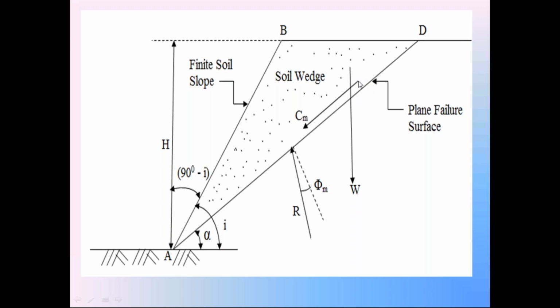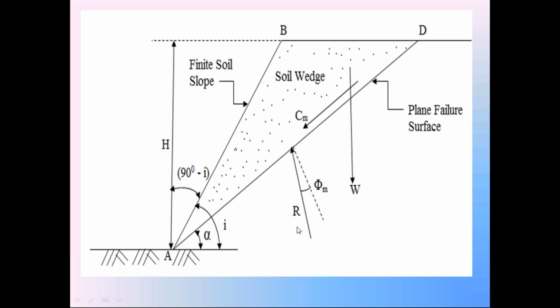Check the direction carefully. CM is acting downward on the surface AD. Since this surface AD makes the angle alpha with horizontal, this force CM, cohesion is a force, an attraction force. This cohesion force makes the angle alpha with horizontal because it is acting on the surface AD.